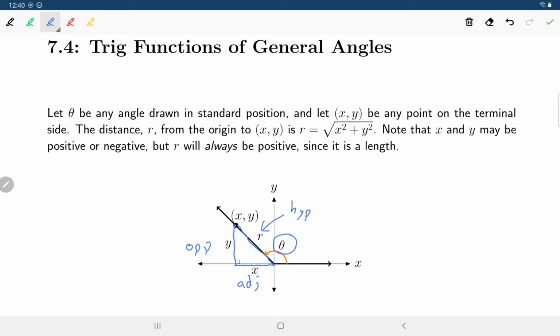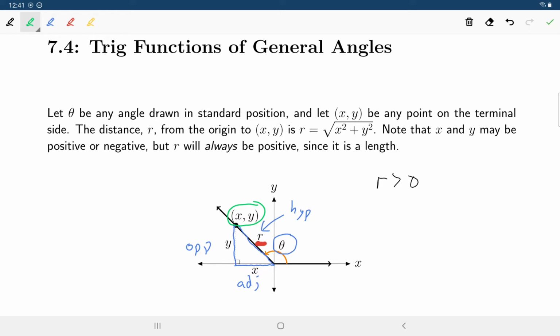Now, the one thing that's going to be different here is that when we were dealing with right triangle trig, we had 3 sides of a right triangle, so all 3 sides had to be positive numbers. Now, the value of r, since that's a distance, is going to be positive. So for sure, r is always going to be not negative. However, the values of x and y, since they're coming from our point that's on that terminal side, could be positive or could be negative depending on where we are.